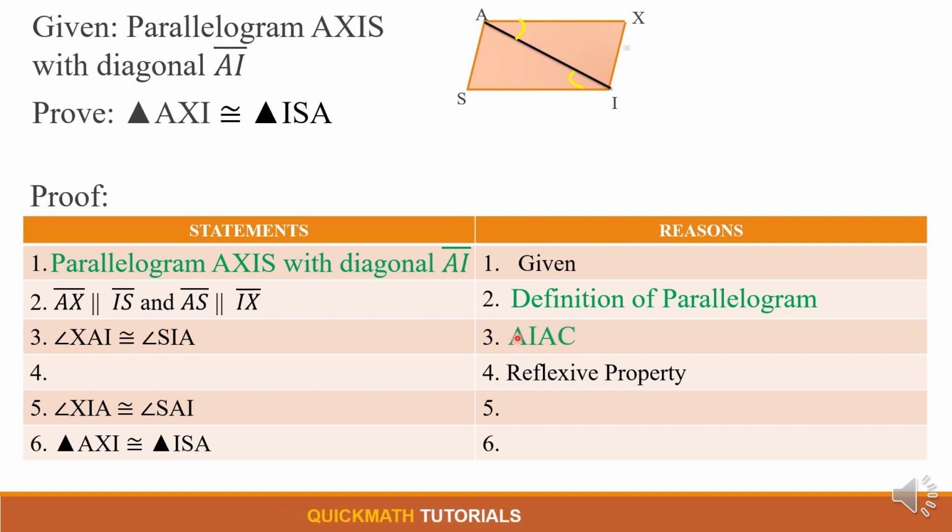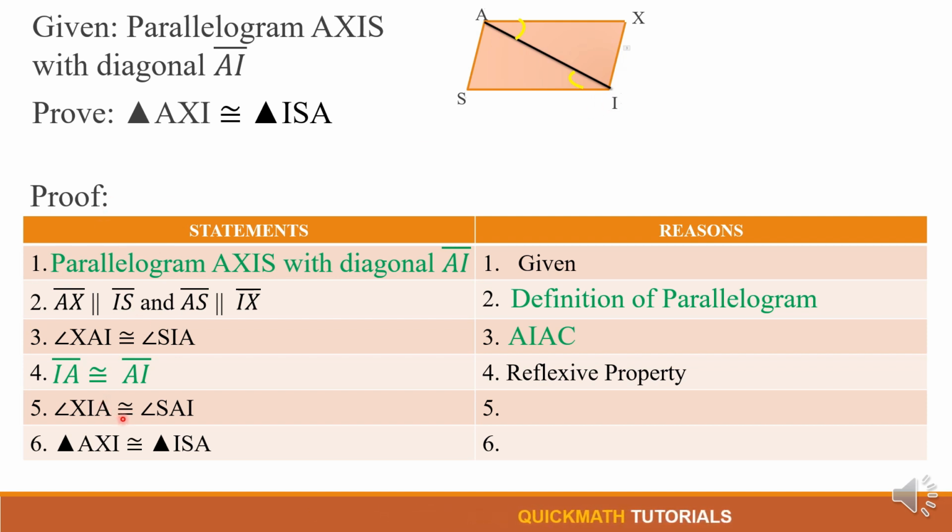Or we have the AIAC, or alternate interior angles are congruent. For number 4, the reason is reflexive property. So we have the line segment IA is just congruent to itself, the line segment IA.